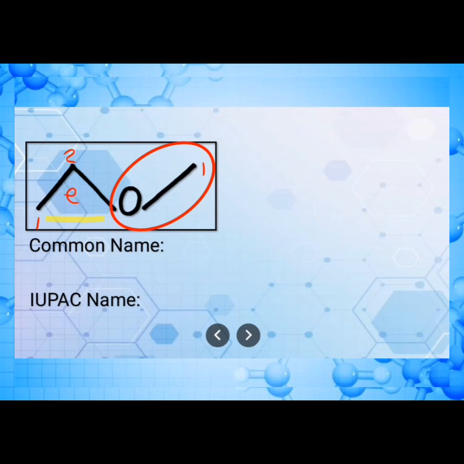And if there is only one carbon, we have methyl. Since ethyl comes first from M, the common name is ethyl methyl, and of course adding the word ether at the end. So the common name for this structural formula is ethyl methyl ether.